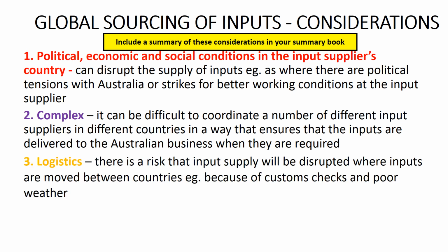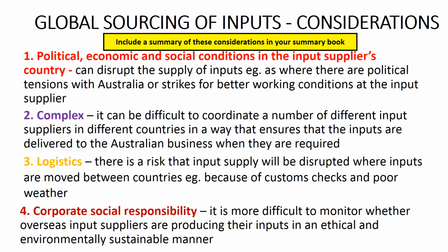Third, where inputs have to be moved from one country to another, there's a greater risk of disruption due to legal requirements such as customs checks and poor weather, which can delay shipping schedules. And fourthly, where input suppliers are overseas, it's more difficult for an Australian business to monitor whether those input suppliers are complying with their corporate social responsibility obligations.